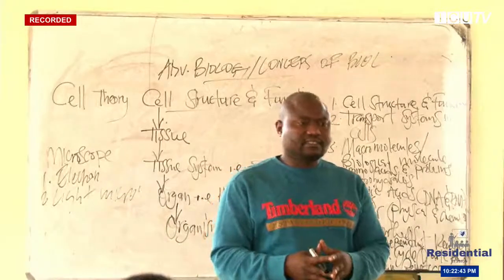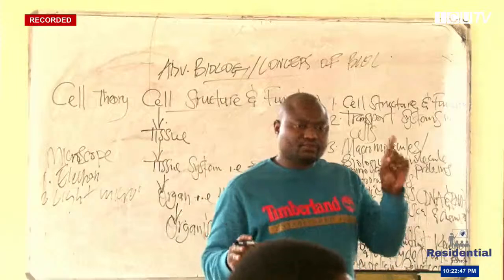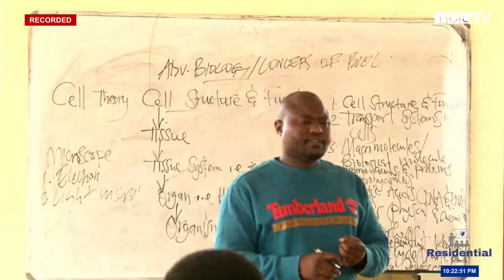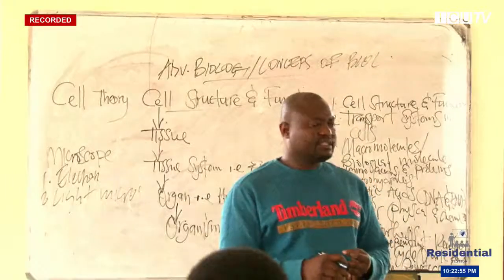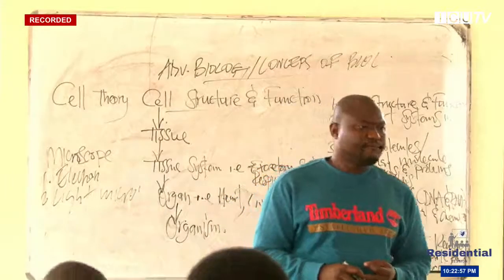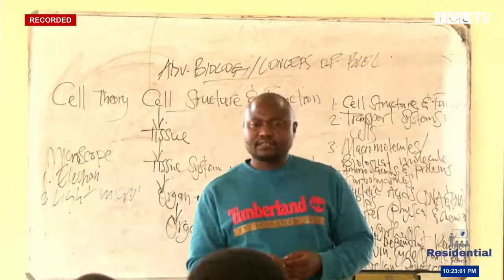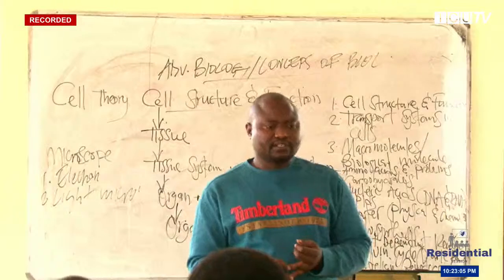So what they did is that they categorized these cells, or the group of cells, into 2 broad categories. Number 1, they called them eukaryotic cells. Then the second category is known as prokaryotic cells. So there are eukaryotic and prokaryotic cells.